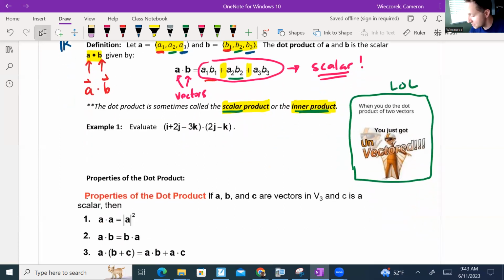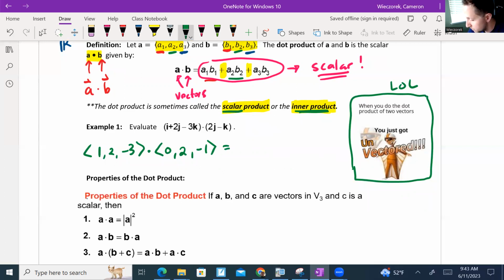Okay, so let's evaluate. Let's just do one for practice. Let's say you're taking the dot product of i plus 2j minus 3k. In other words, I'm going to do this in component form: 1, 2, negative 3. We're going to take the dot product of that vector with 2j minus k. So the i component is 0, the j component is 2, and the k component is negative 1.